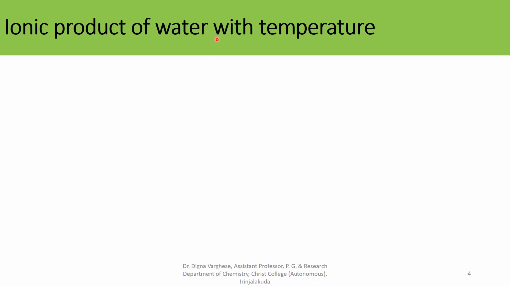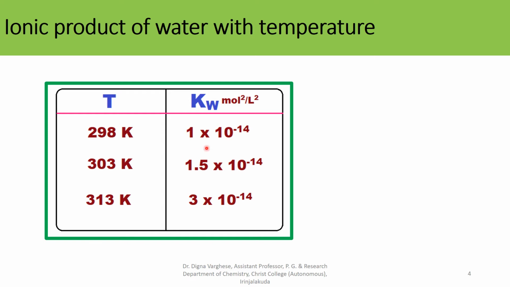Ionic product of water with temperature. From the table you can see the temperature and its corresponding value of Kw. The unit is molar square, that means mole square per liter square. What is a molar? That is 1 mole per 1 liter.